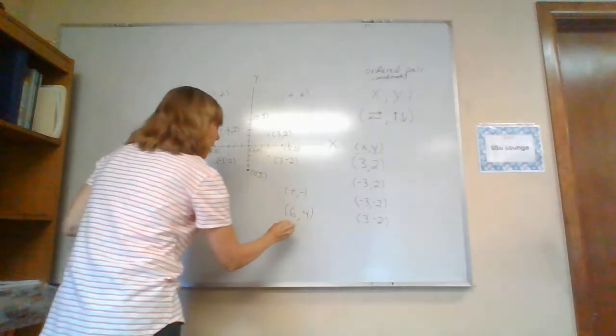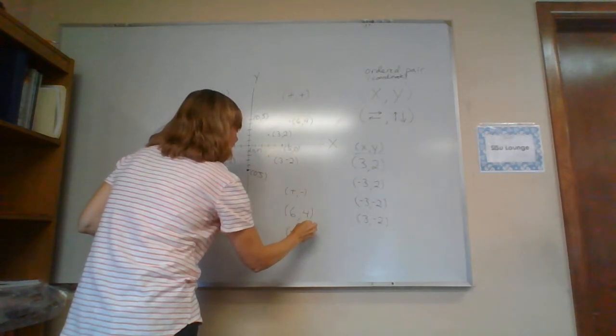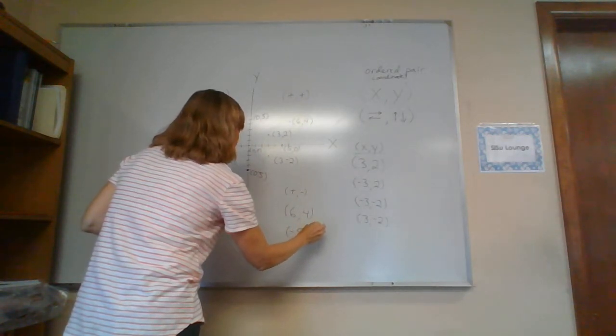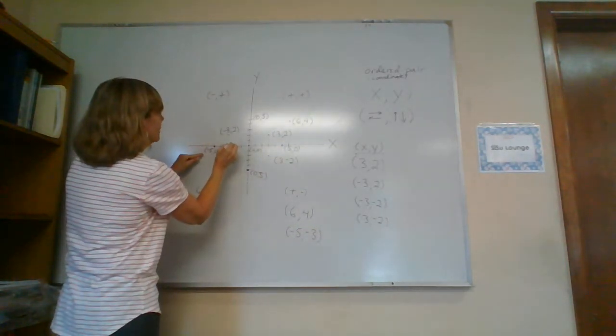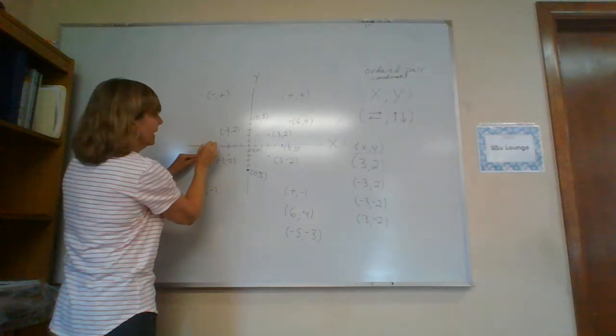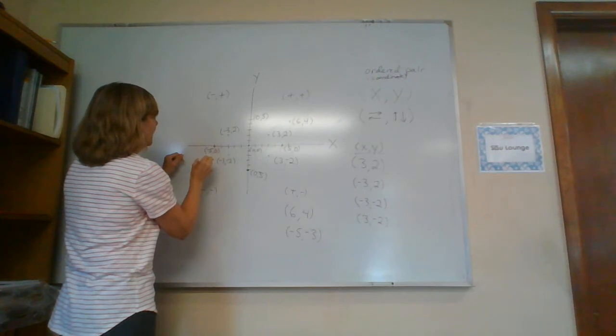Okay. How about negative 5, negative 3? Do my x first. So I go negative 5. 1, 2, 3, 4, negative 5. Negative 3, go negative 1, negative 2, negative 3 would be down here. Negative 5, negative 3.